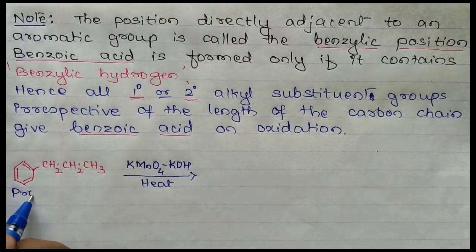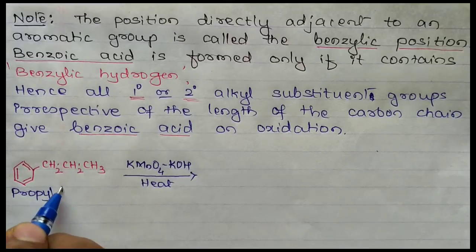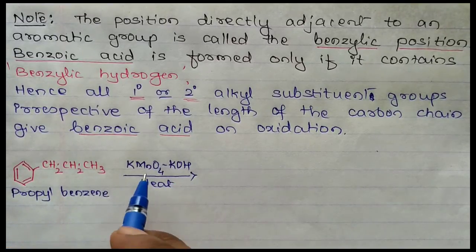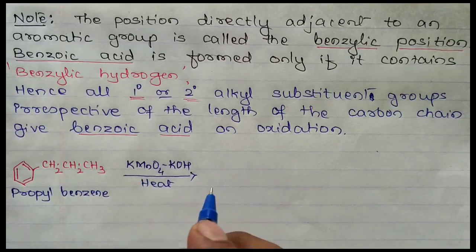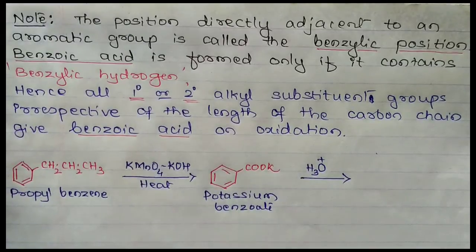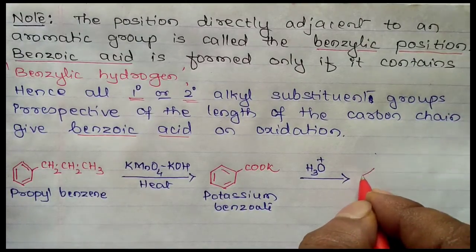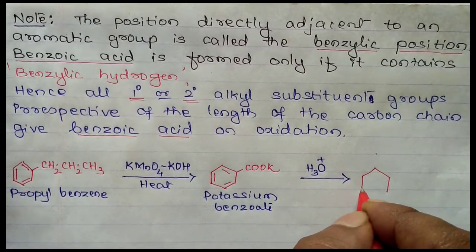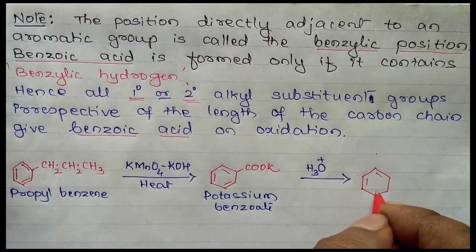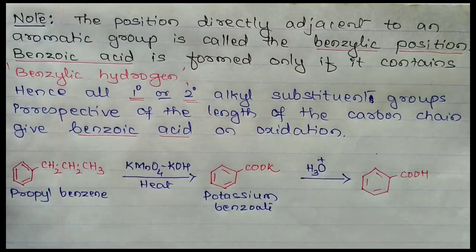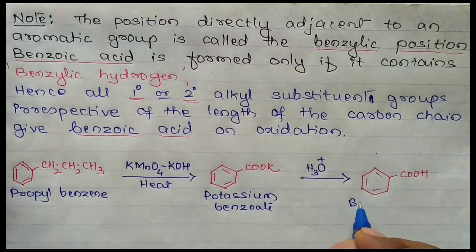Propyl benzene on oxidation with alkaline potassium permanganate solution gives potassium benzoate, which on acid hydrolysis gives benzoic acid as the final product, C6H5COOH, benzoic acid.